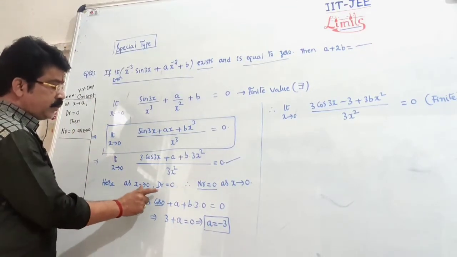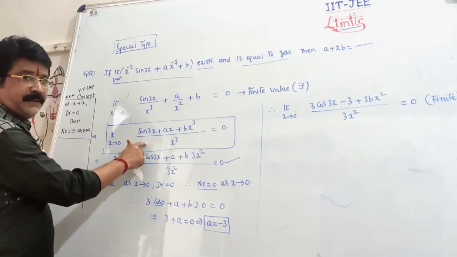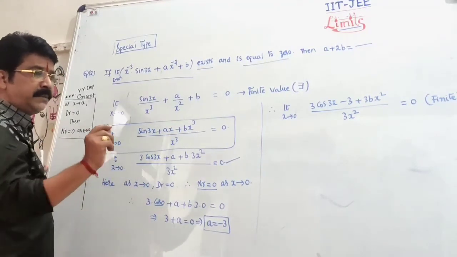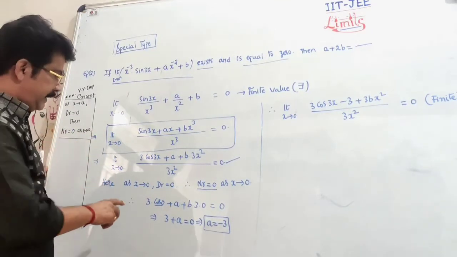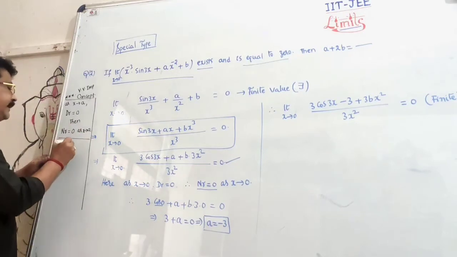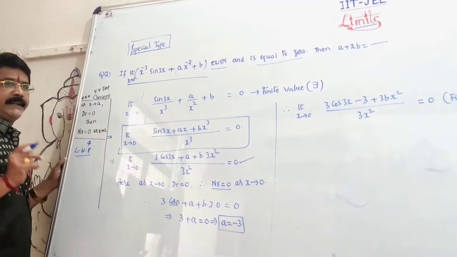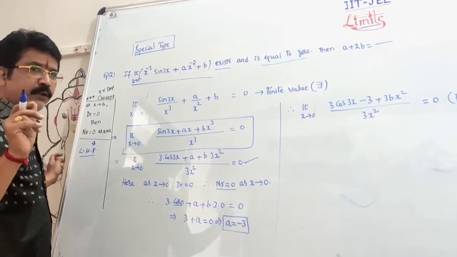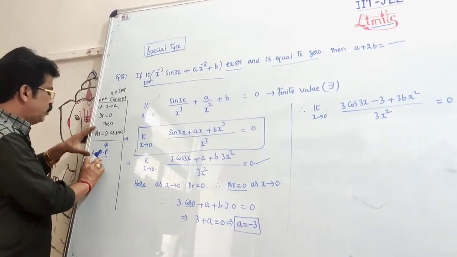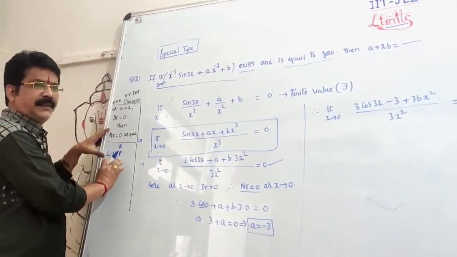So we can use this concept in the first stage itself. No problem. So ultimately we are using this concept and L-Hospital rule. Until getting finite values, you can perform these two operations or these two concepts. It is your choice. Understand?